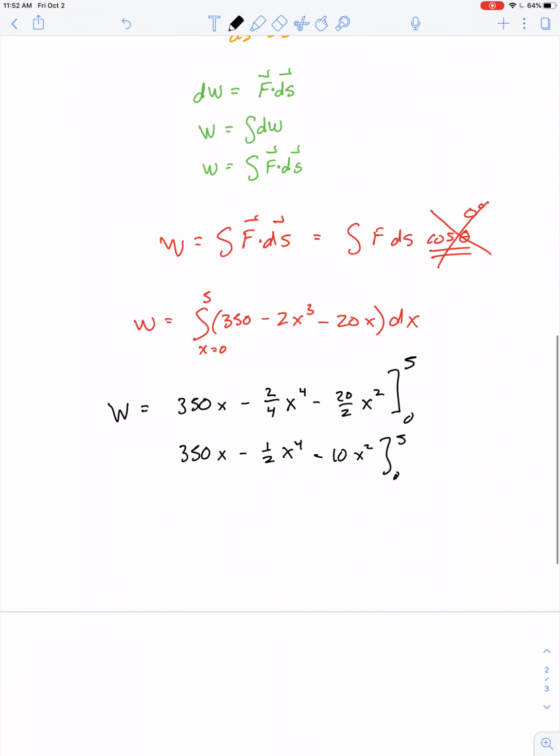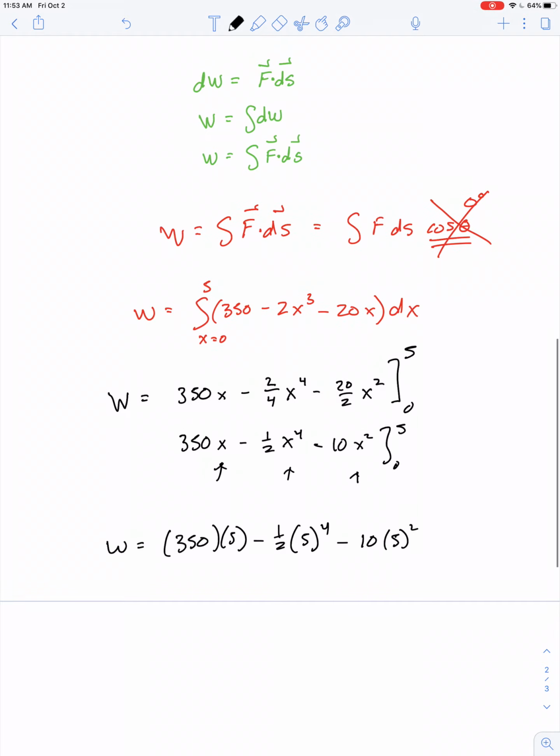Now, at x equals 0, our lower limit is very easy. Since there's an x in every term, that's going to just evaluate to 0. So the work done in this case is 350 times 5 minus 1/2 of 5 to the 4th power minus 10 times 5 squared.